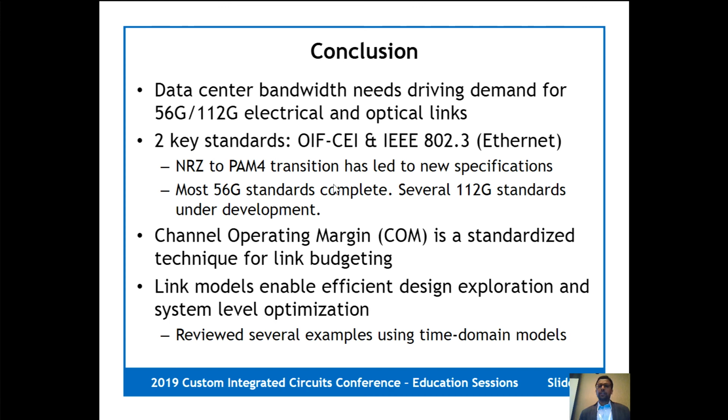And both of these are under active development for the 112 gig regime. But there are no dramatic changes from 56 gig to 112 gig, like what we saw from 28 to 56, that are in the works.